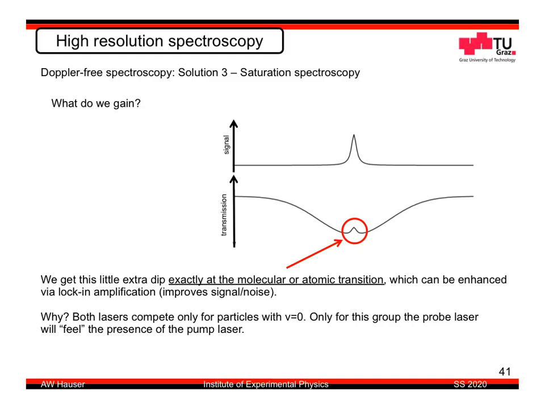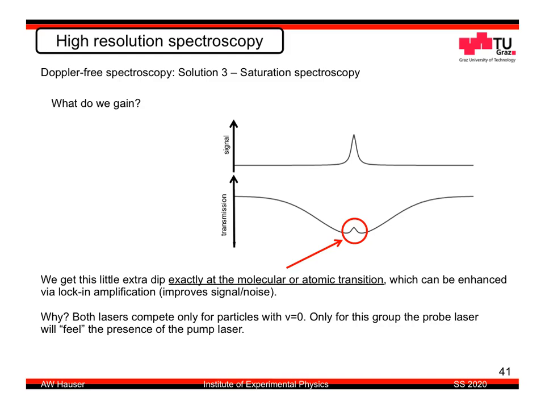And this is only which velocity group? It's the group of molecules with velocity v equals 0. So for all those molecules which do not have a velocity component in the direction of the lasers, there will be no Doppler effect.